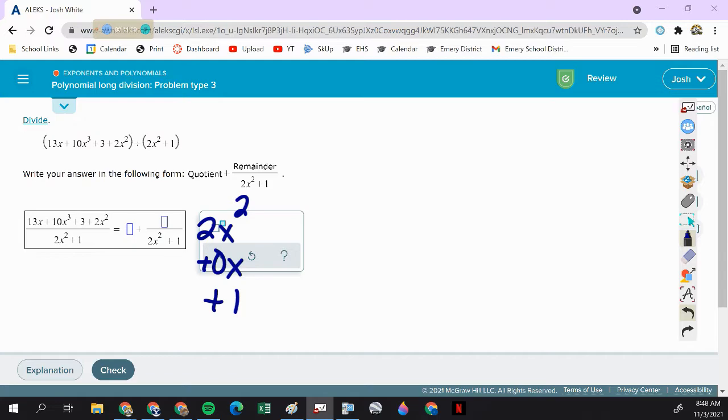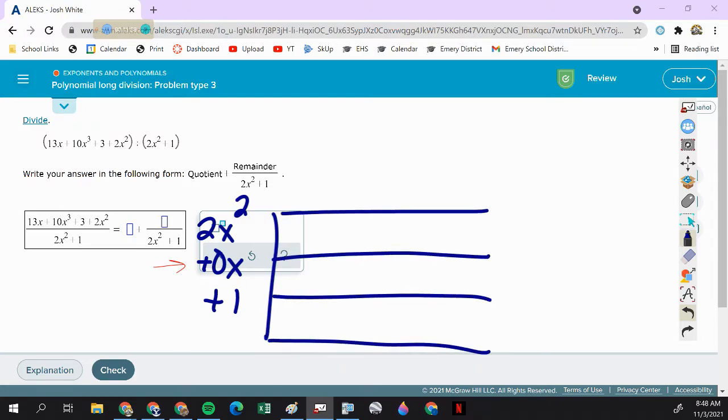And notice I put in the 0. You need that 0 term. Draw my box. We put 10x to the third in here. Pull out a 2 and an x squared, and we get plus 5x. 5x times 0x is 0x squared. 5x times 1 is 5x.